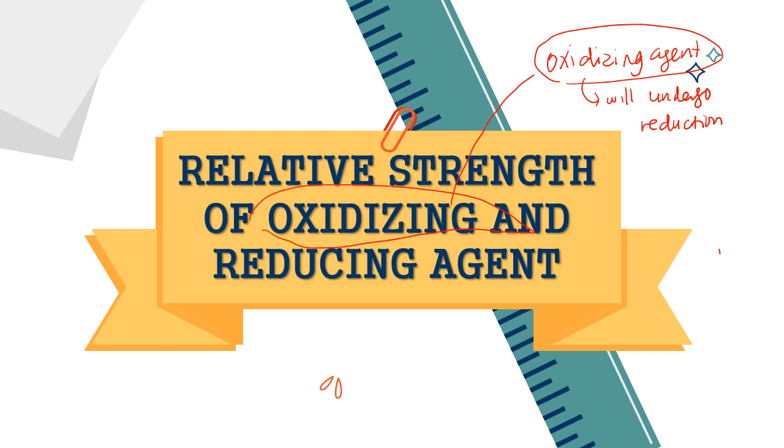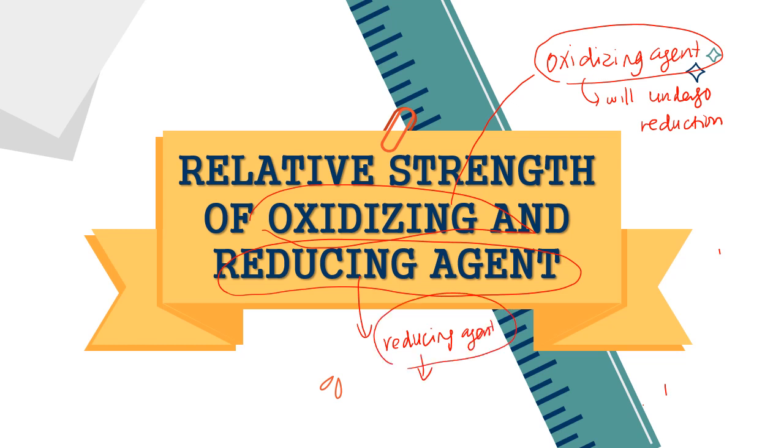So the species that undergoes reduction, we call it the oxidizing agent, and the reducing agent will be the one that undergoes the oxidation process. So let me just write down over here, our reducing agent is that species that will undergo oxidation.